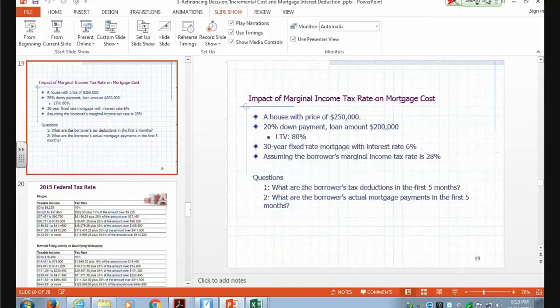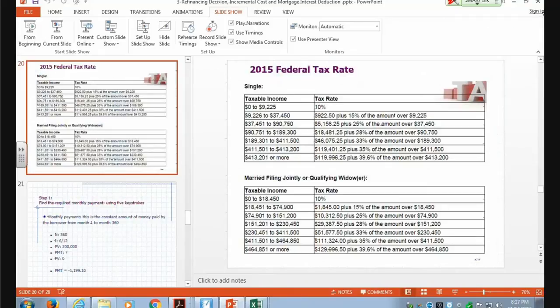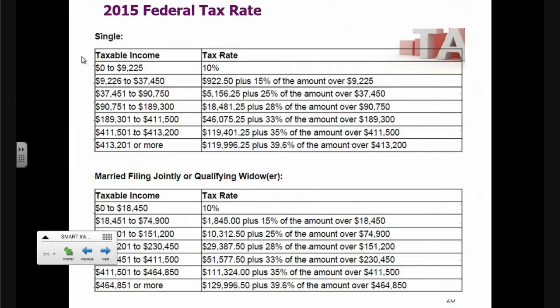So listen, if your salary increases, your tax burden also increases. So now we need to talk about why people who make lots of money always buy bigger homes and borrow bigger mortgages: because of the tax deduction.